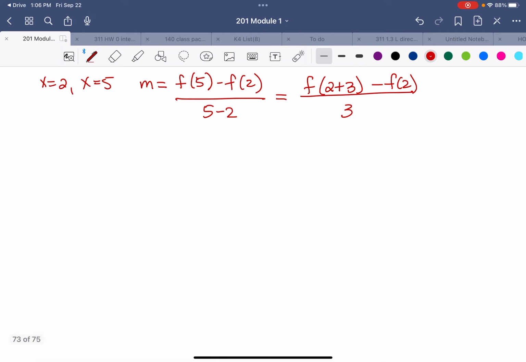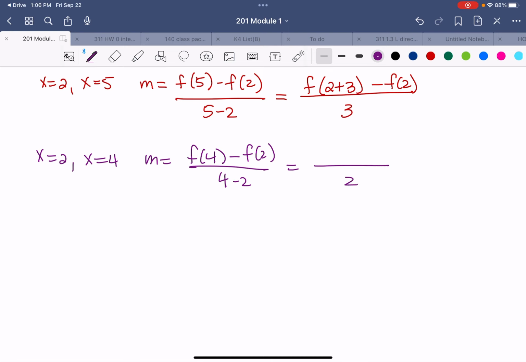So our next one was x equals 2 and x equals 4. If we do the same thing here, this becomes f of 4 minus f of 2 over 4 minus 2. So we get a 2 on the bottom. And now, instead of writing 4, I'm going to write it as 2 plus 2, minus f of 2.